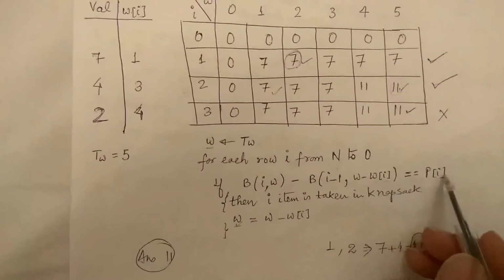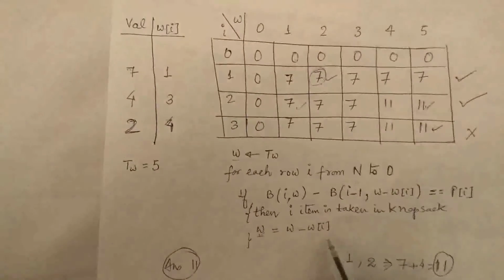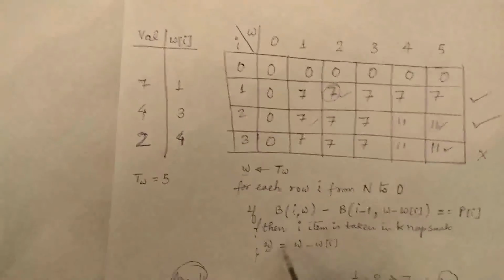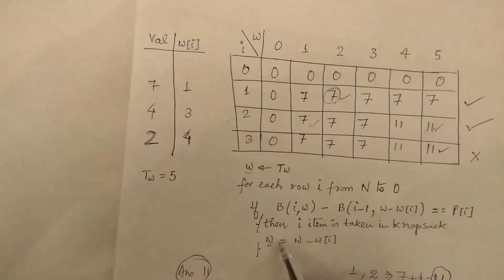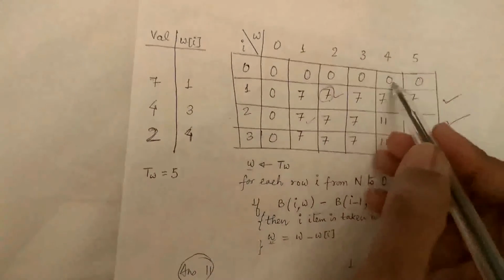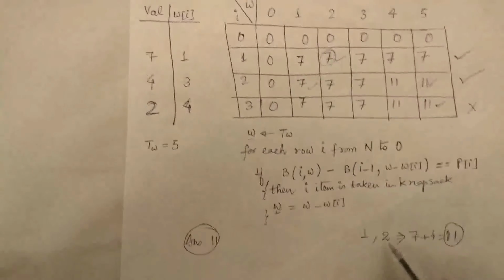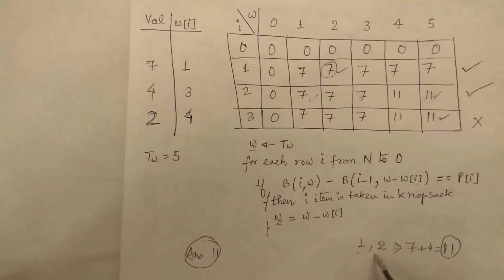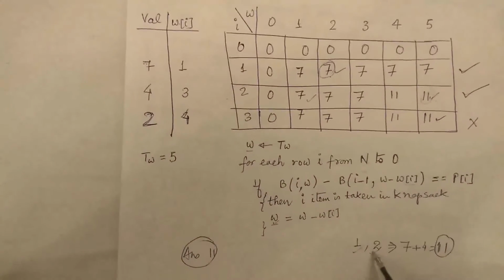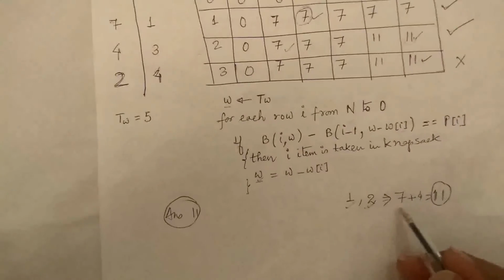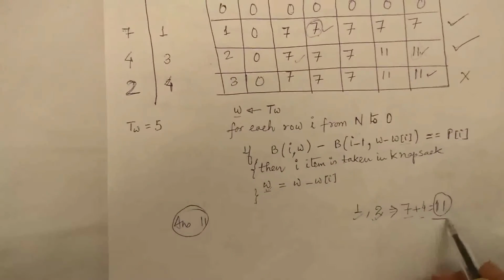We are again true with this condition, so we go inside, and this item is in the knapsack. Now we have already reached the first row, so we come out of the loop. The elements included were 1 and 2, whose total value is 7 plus 4, that is 11.